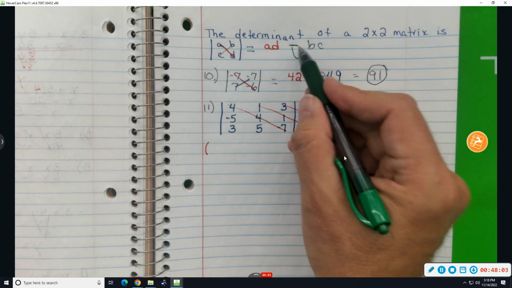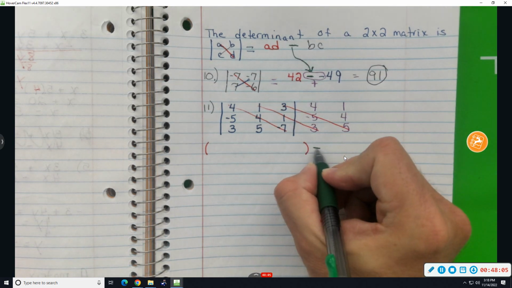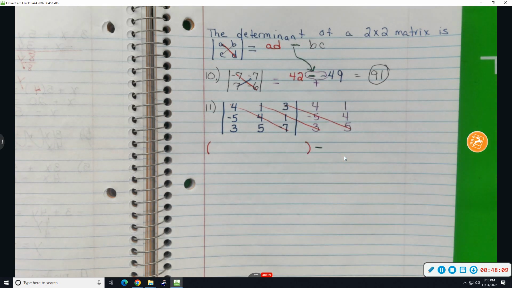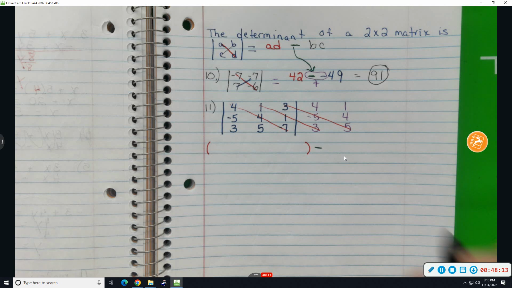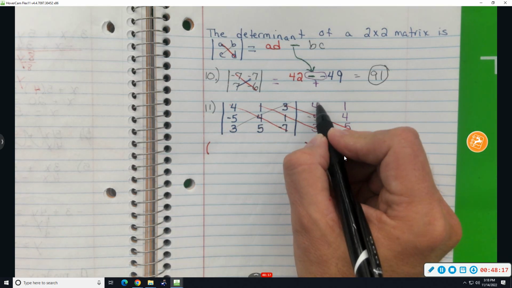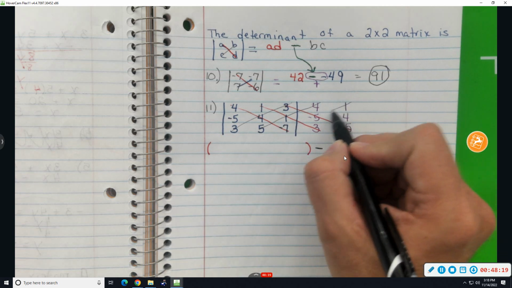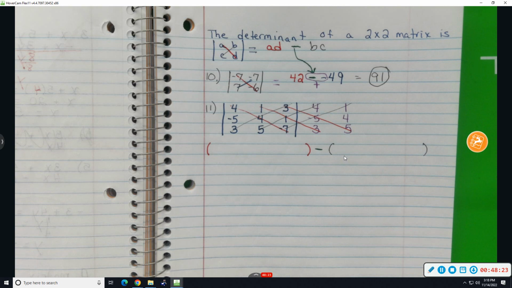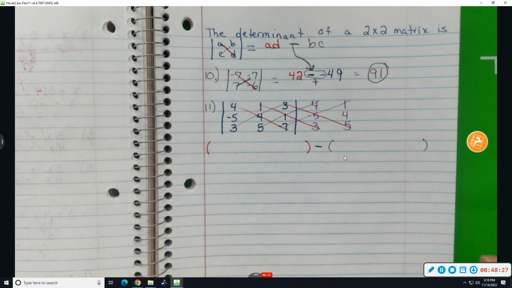Then there's a minus sign in the middle, just like with the 2 by 2. And then you multiply the other 3 diagonals. Okay? So if the numbers get really large, you might want to use a calculator.